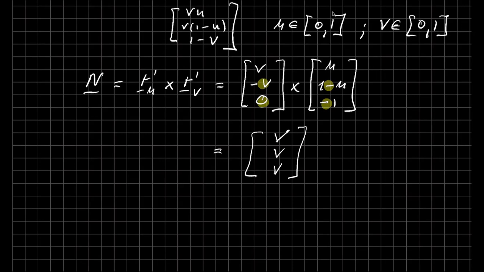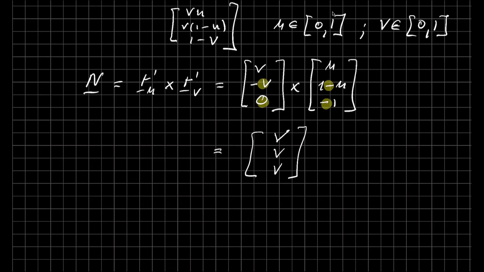Since v is positive apart from the point where v is 0, this is a normal vector that points in the positive direction of the x, y, and z axes.